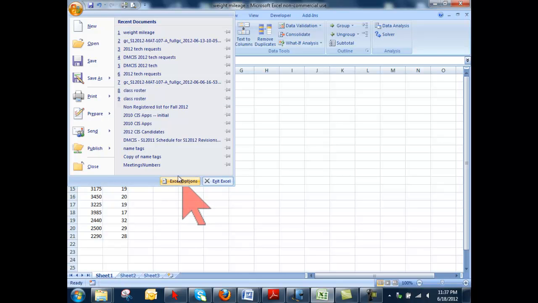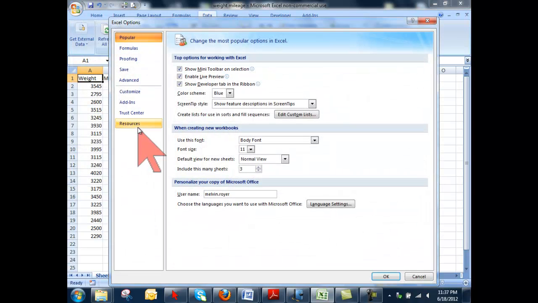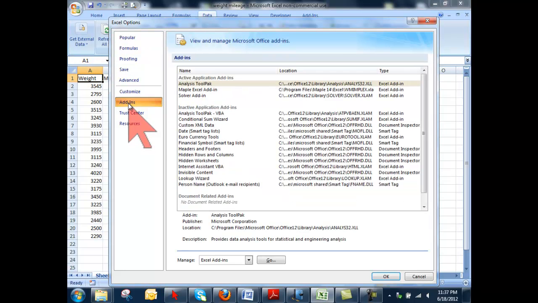So if I go to the Windows button here, or the Office button, or on Office 2010 the File menu, and then choose Excel Options and Add-ins, this is where we found Solver, remember, and I really want now the Analysis Tool Pack. So if Analysis Tool Pack is down here somewhere, go ahead and click on it and then hit Go.